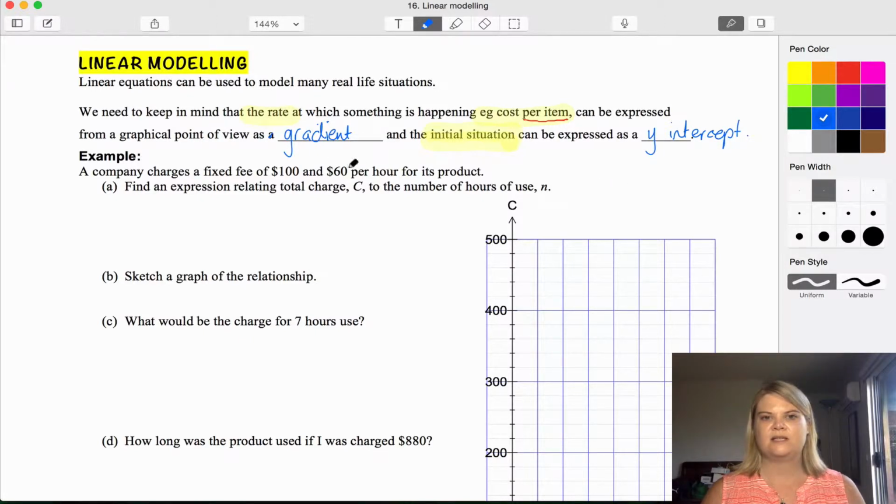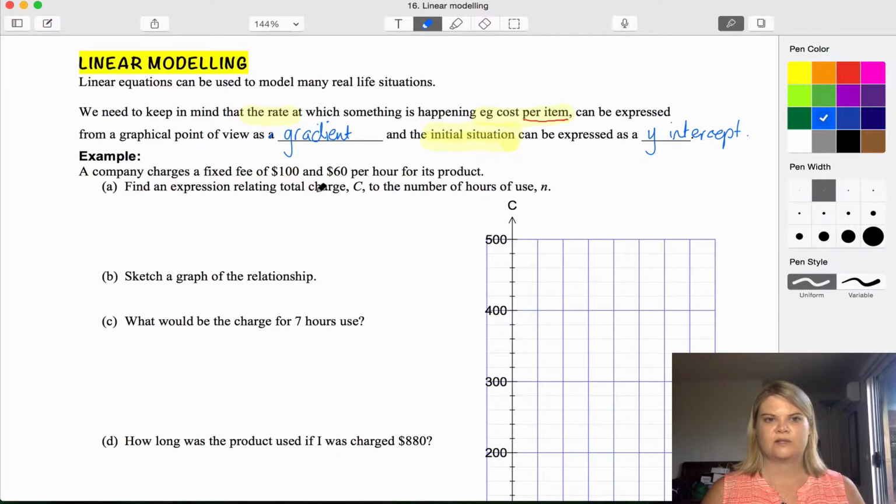So the rate is in the second half and the fixed amount is going to be the y-intercept. The second example we'll do is more to do with rates and speeds with kilometres per hour.